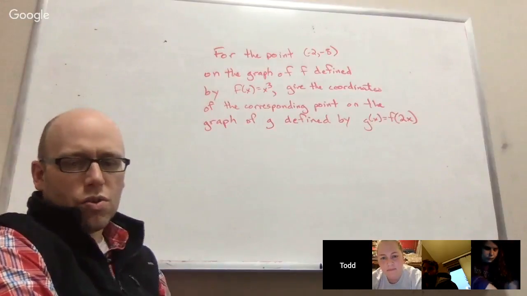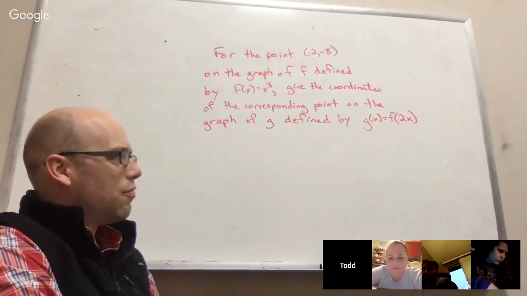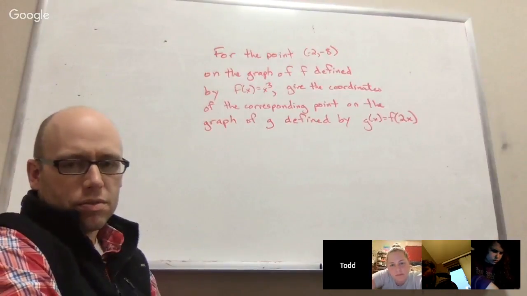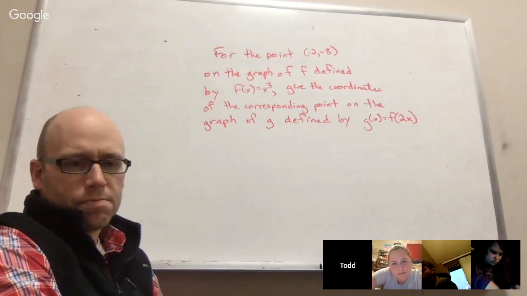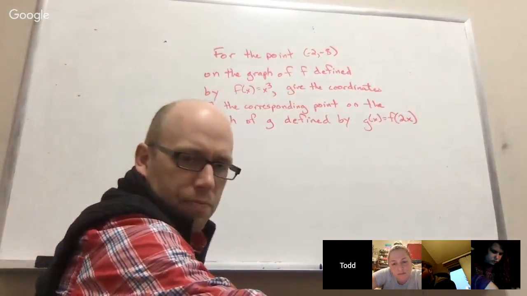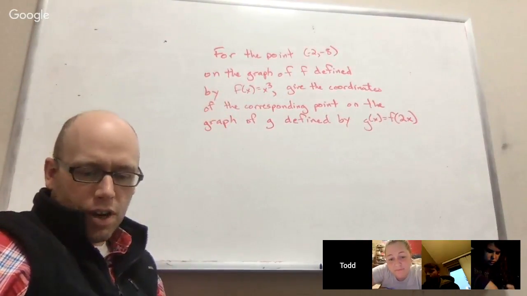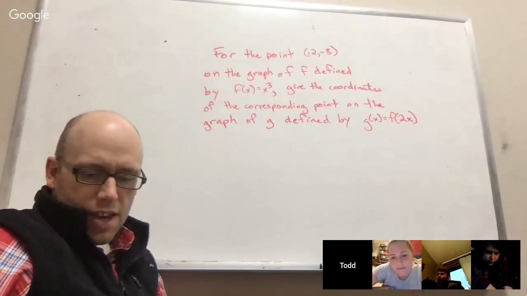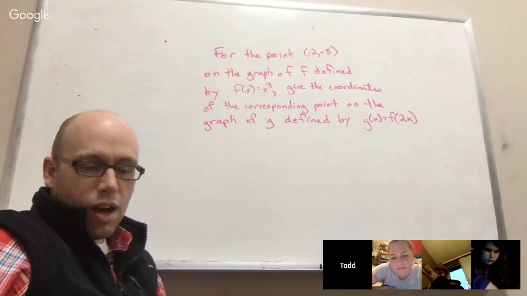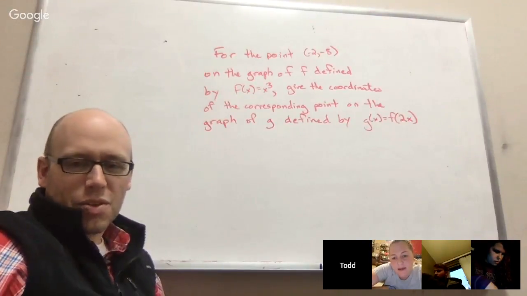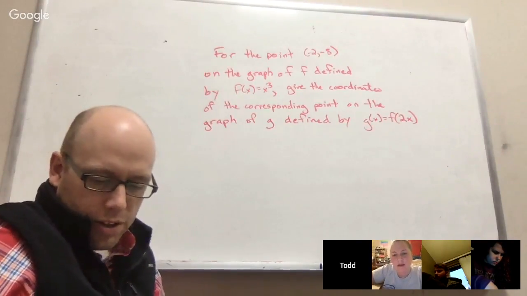Can you two tell me how the graph of G is going to compare to the graph of F? I honestly have no clue. Okay. All right. Well, honestly, I don't like that answer. What'd you say, Blake? I had trouble hearing you there.